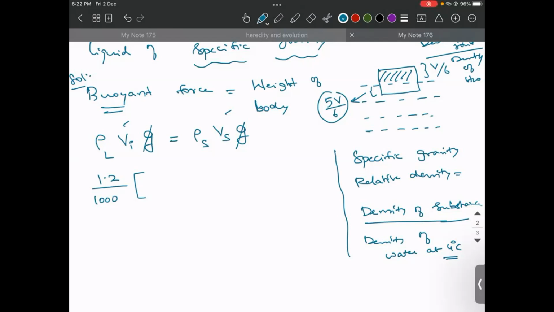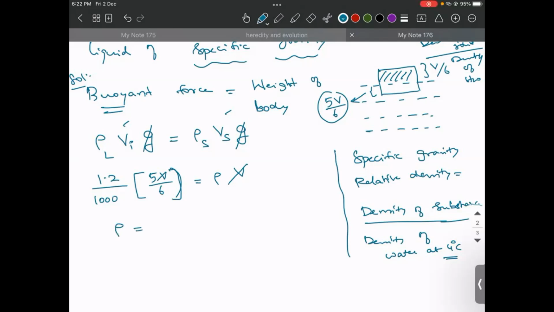I need some response, guys. 5V/6. So it is 5V by 6 is equal to what is going to be the density of the solid that they have not given. So can I write it as rho itself into what is going to be the volume of the solid? It will be V. So V and V will get cancelled.